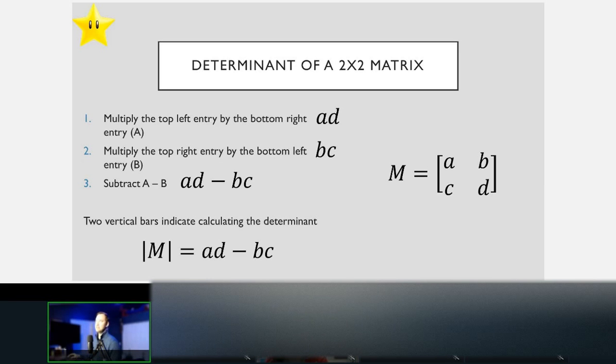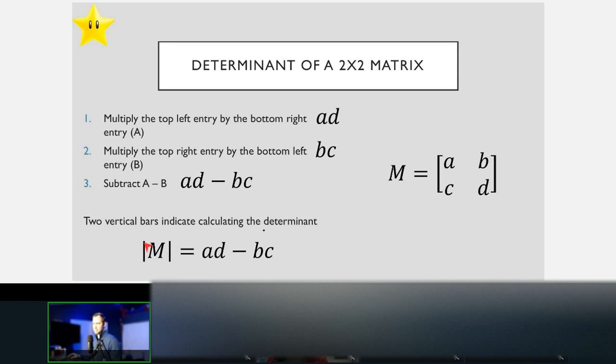Also, notation. When you see these vertical bars around your matrix variable, so this is matrix M, these vertical lines do not mean absolute value when they are around a matrix variable. It means determinant.